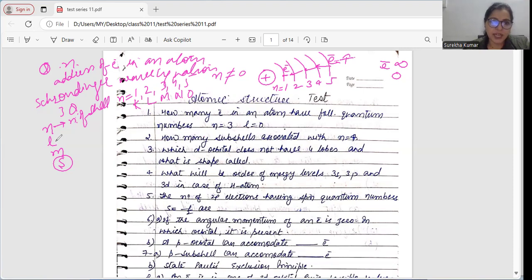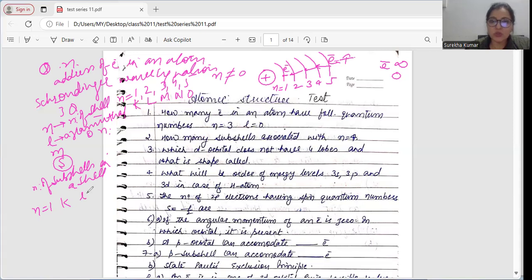Next is the L. L is known as azimuthal quantum number. What does it tell? It tells us the number of subshells in a shell. Like if n equal to 1 means we are talking about K shell. How many subshells are there?